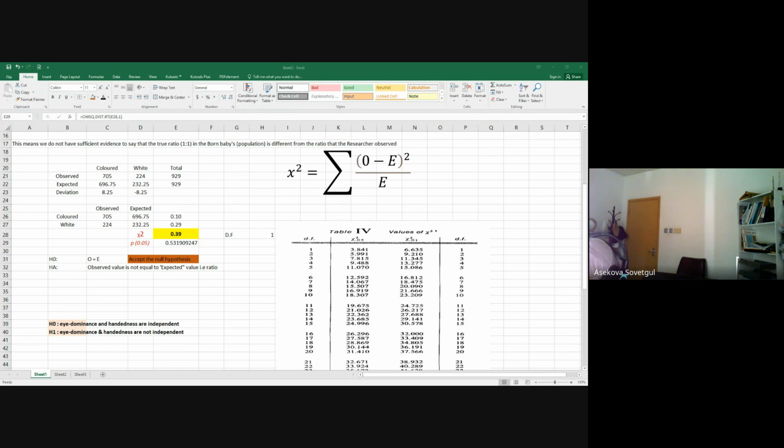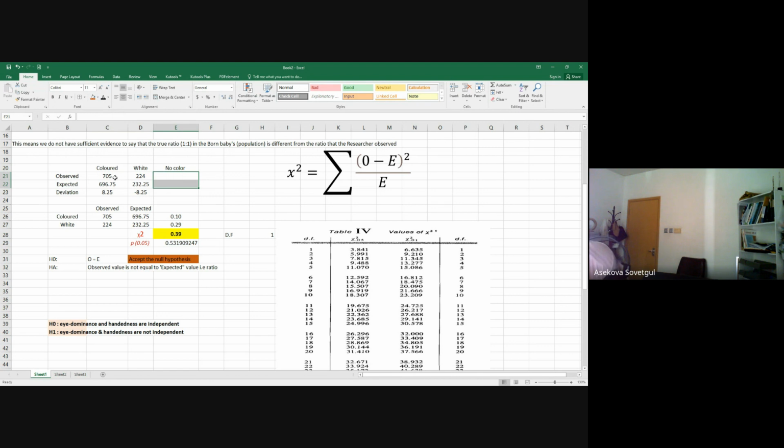Remember that here in the groups we have only the color white. We can also have some kind of no color, transparent, and we have some values. So in that case, we also do chi-square. The only thing is summation, and then we have to summarize.